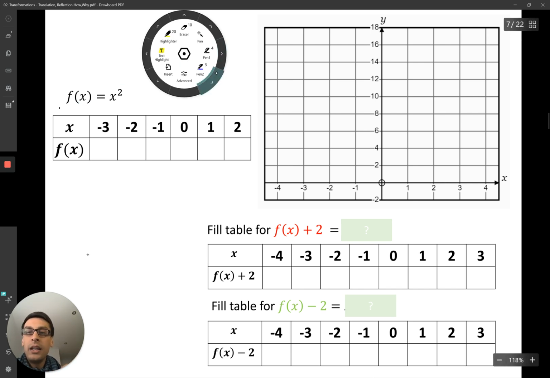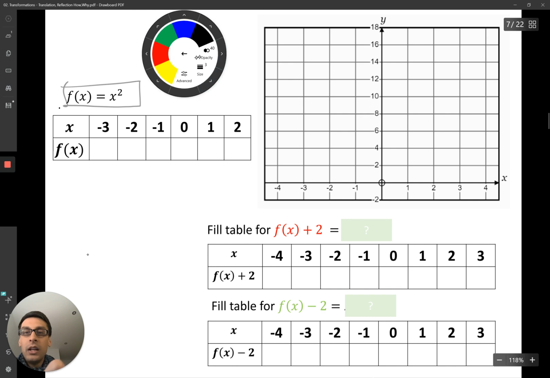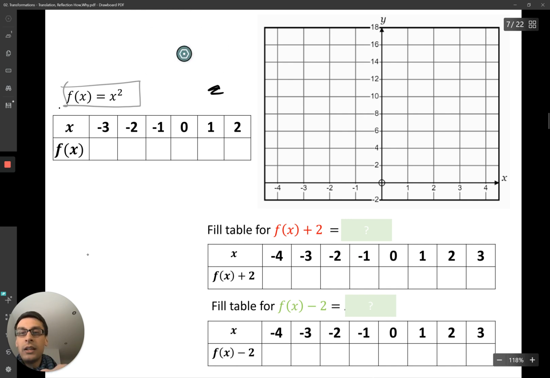Now let's say we need to fill out this graph. I'm going to color code it, and I'm going to keep the original graph black. I'm just going to square each of these x values. I can see -3 squared is 9, 4, 1, 0, 1, 4.